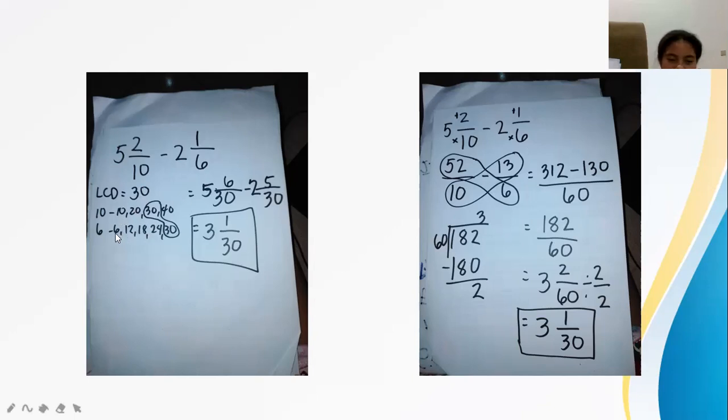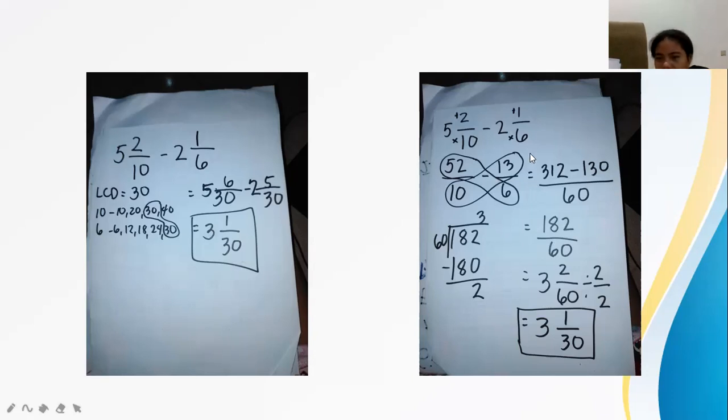Then for 6, it's 6, 12, 18, 24, 30 and so on. So their LCD is 30. Then write 30 here and here. Copy 5 and copy minus 2. So 30 divided by 10 is 3 times 2 is 6. Then 30 divided by 6 is 5 times 1 is 5. Okay. Then 5 minus 2, that's 3. Then 6 minus 5 is 1 over 30. So that's all.